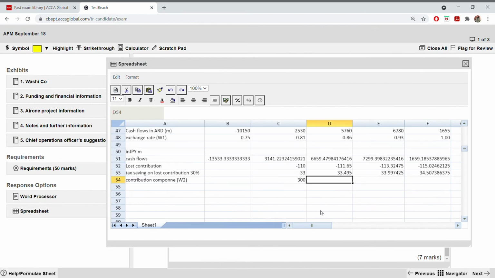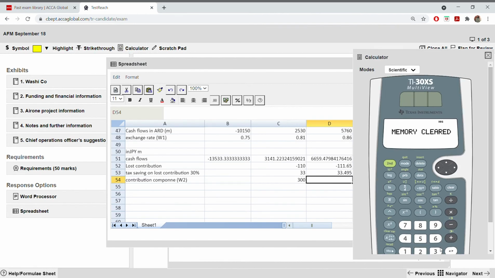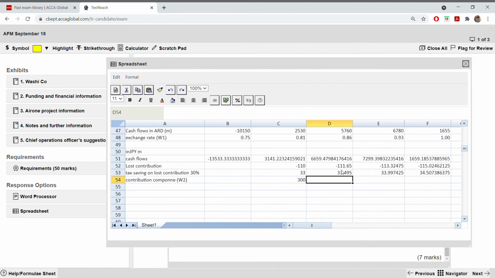Maybe I can use a calculator and do it, right? So 2400 multiplied by 1.015 equal to, and on that you are taking 25%, 609. Okay, so like that do for the others also. I'm just putting the numbers.